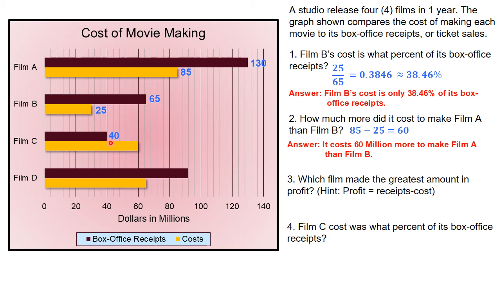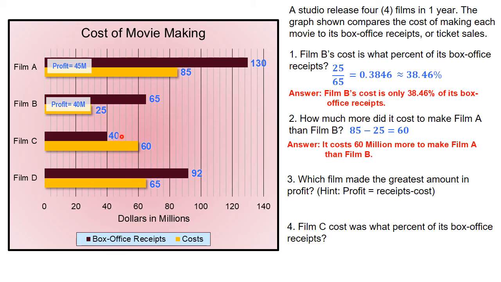For film C, we have 40, 60, 90, approximately 92. Then we have here 65. So 130 minus 85 will give us a profit of $45 million. On film B, 65 minus 25 gives us $40 million of profit.